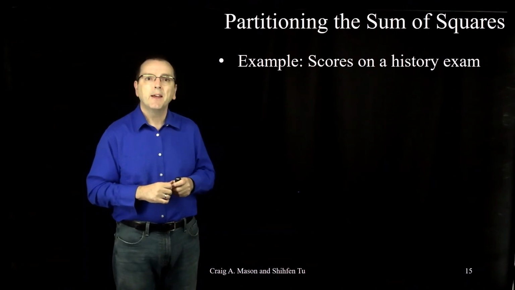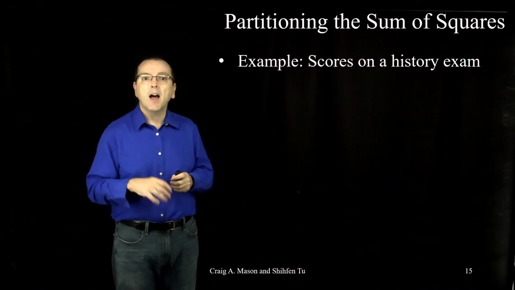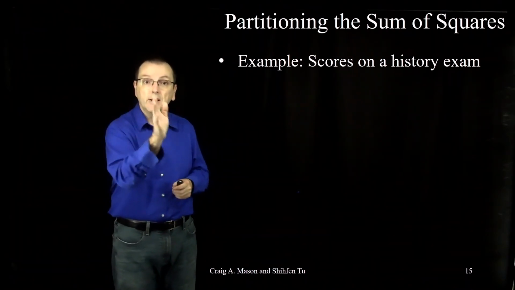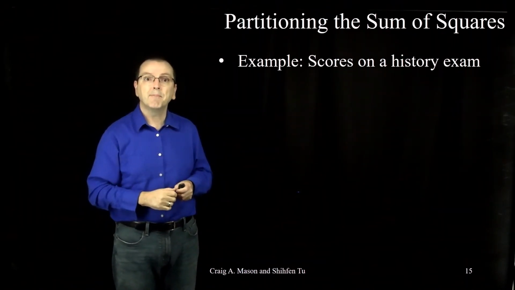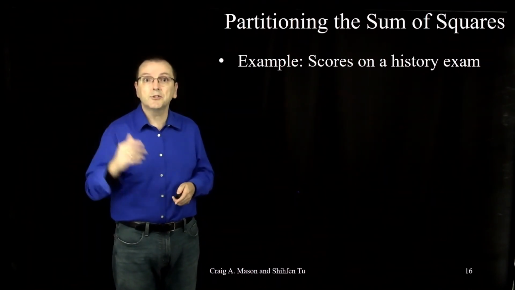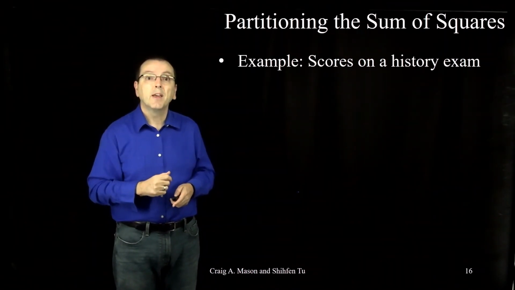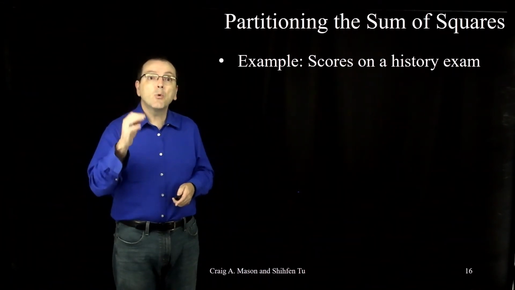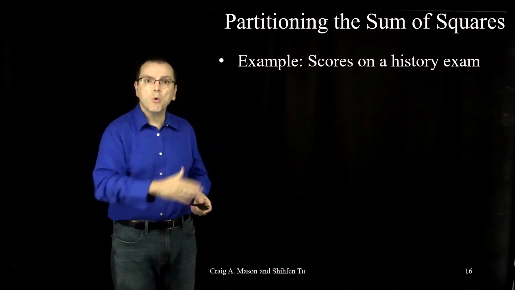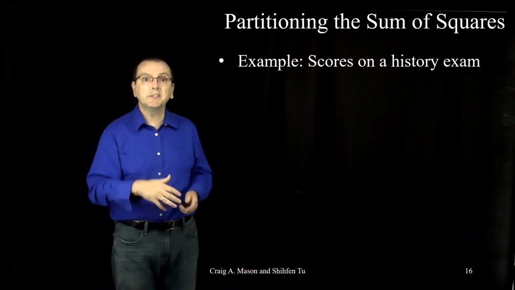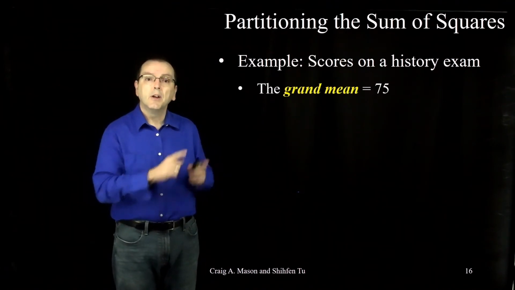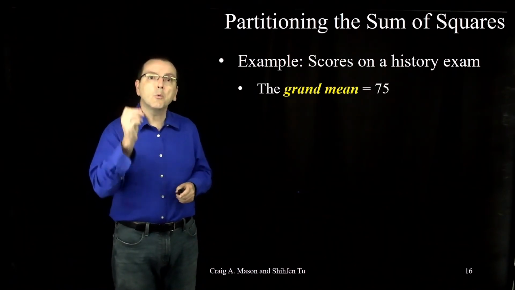Now, specifically, let's say that I want to compare several different groups of students who receive different history curricula. And our outcome measure is the scores on the history exam. We'll assume that the scores range from 0 to 100, with an average score across all of the participants in all of the groups equal to 75. We're going to call that the grand mean.